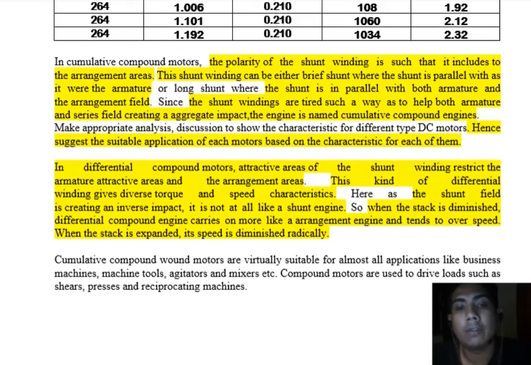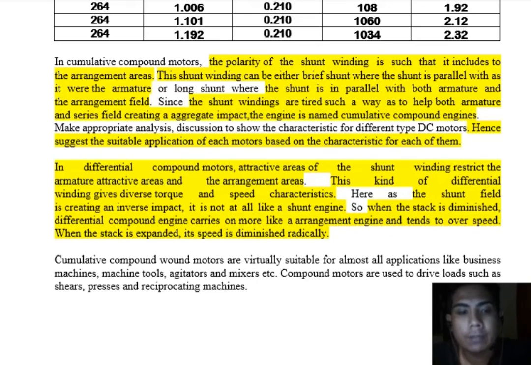In a differential compound motor, the magnetic field of the shunt winding opposes the armature magnetic field and the series field. This kind of differential winding gives different torque and motor speed characteristics.